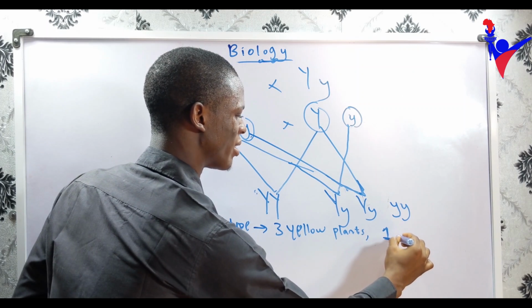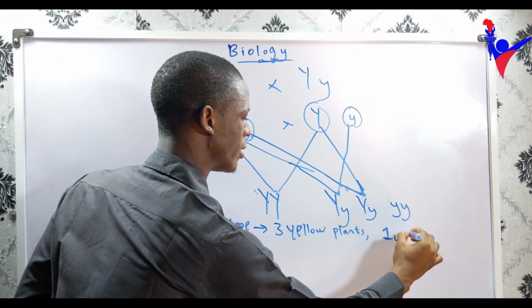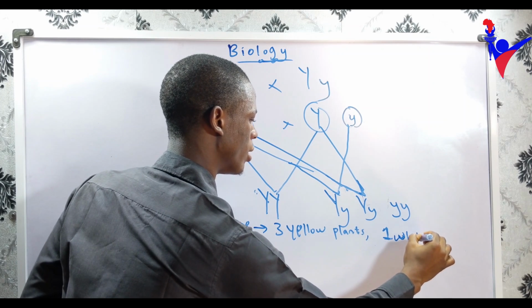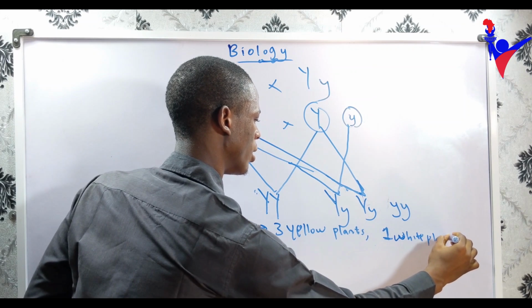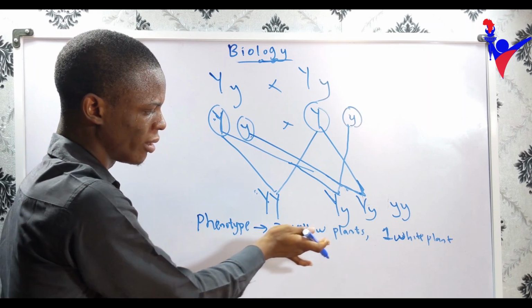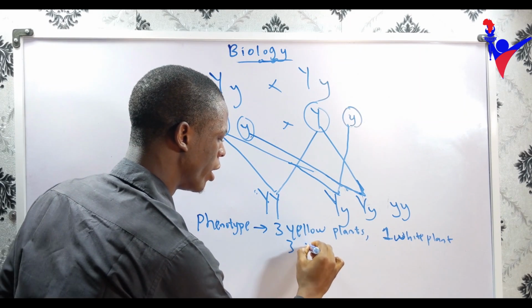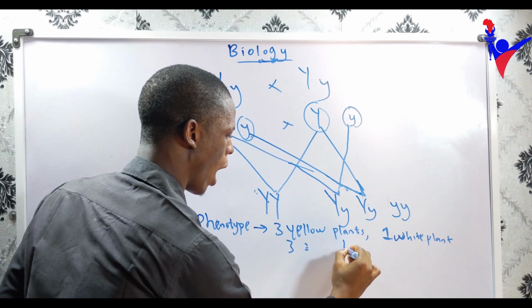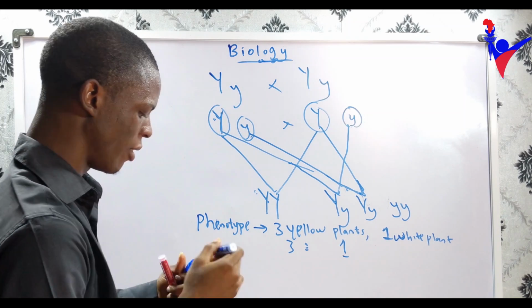Let's call the y, the recessive form, to be white. 1 white. So the phenotypic ratio, you can see this is a ratio of 3 to what? 3 to 1. You can probably see from that.